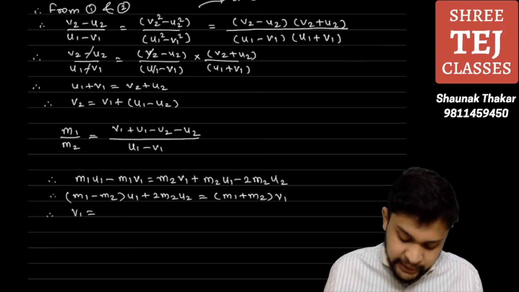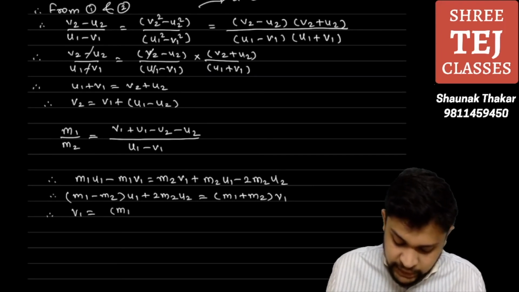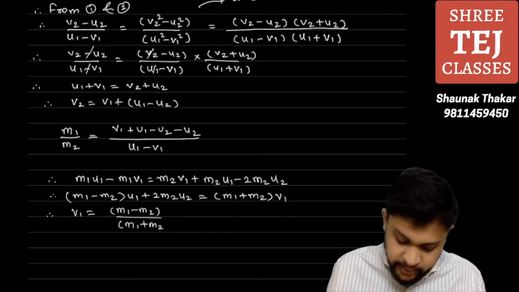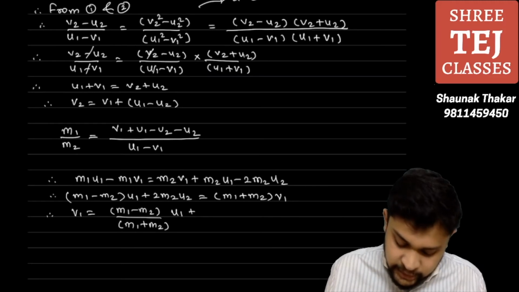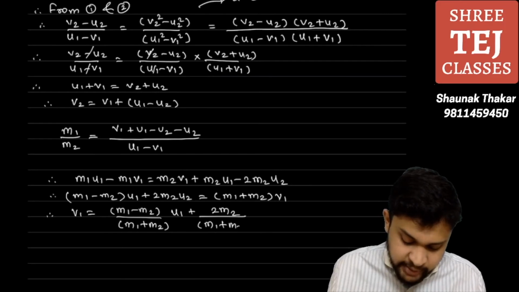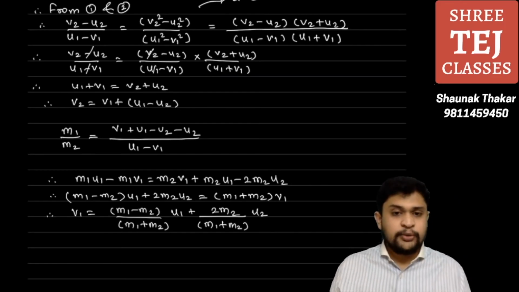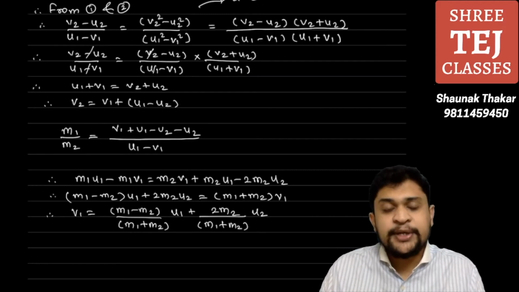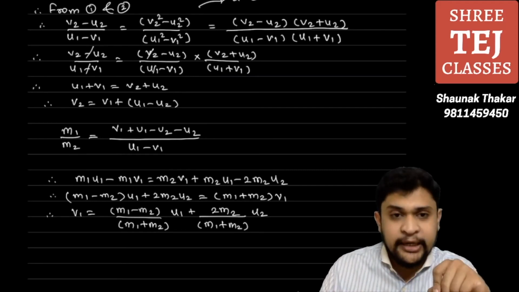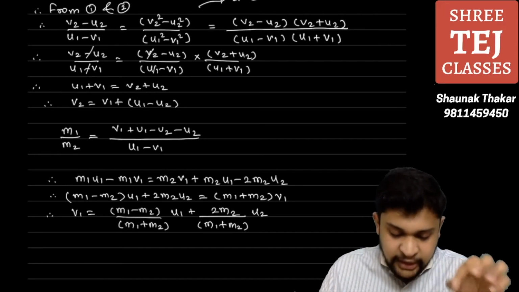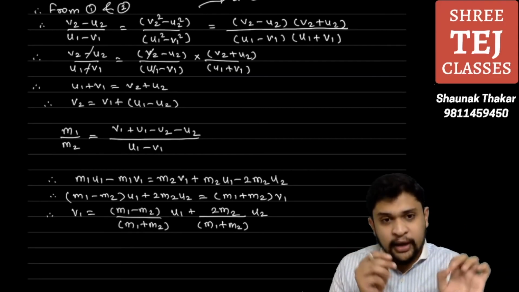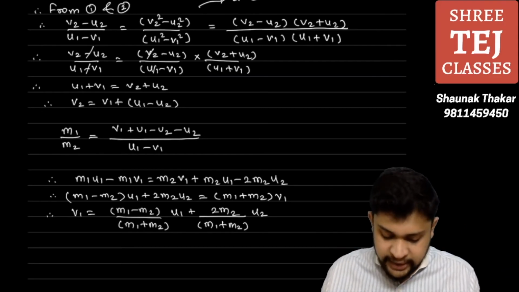Therefore, v1 will become (m1 − m2)/(m1 + m2) × u1 + 2m2/(m1 + m2) × u2. So this is the expression for the velocity of the first object. Now this was a bit tedious, but if you look at it, it is pretty simple. You just have a lot of variables and have to carefully arrange and rearrange them to obtain this expression.